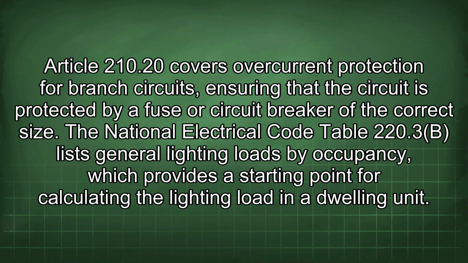Article 210.20 covers overcurrent protection for branch circuits, ensuring that the circuit is protected by a fuse or circuit breaker of the correct size. The National Electrical Code Table 220.3b lists general lighting loads by occupancy, which provides a starting point for calculating the lighting load in a dwelling unit.